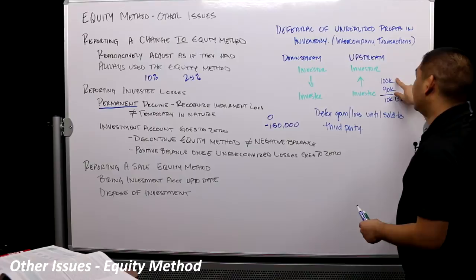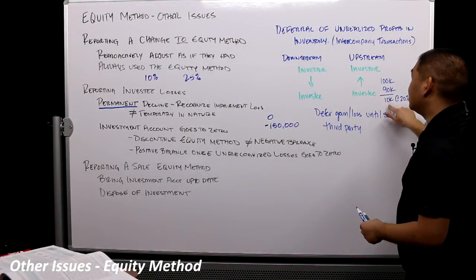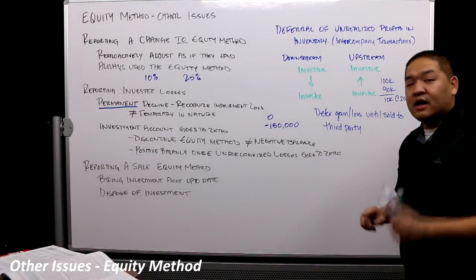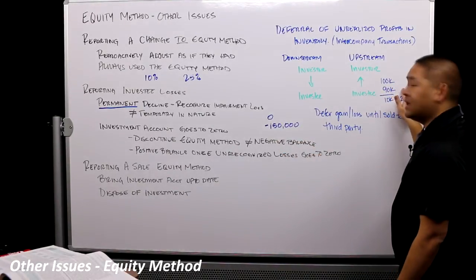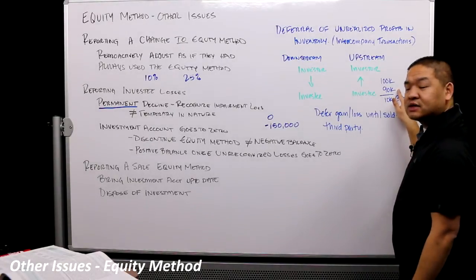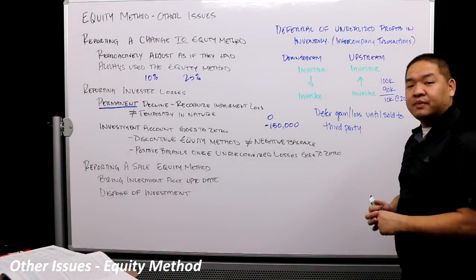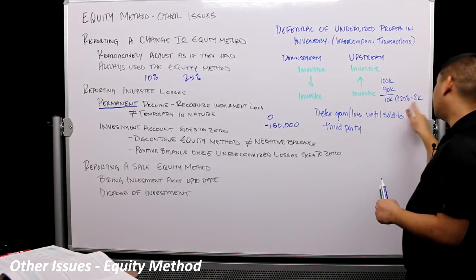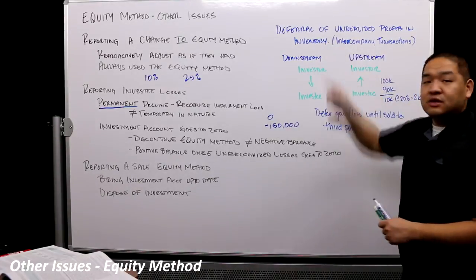Therefore, at the end of the year, we have $10,000 of inventory still left in the investor's possession. The $90,000 we've already sold to a third party, so we would book all the gains that were associated with it. But for this $10,000, let's say their net profit margin is 20%. So we are going to defer $2,000 of gains until they sell it to their customer.